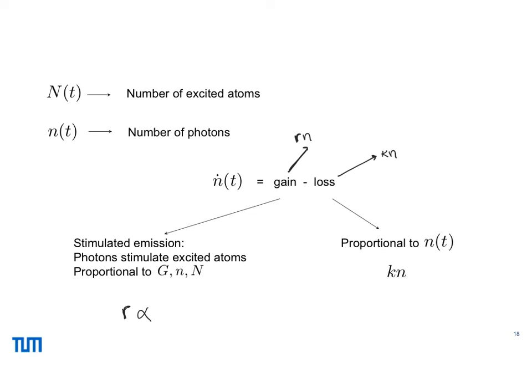So if you have a lot of excited atoms, the growth rate is actually larger. So this is the whole trick. And now the proportionality is going to be met by a gain. So we will just erase this proportionality and we just put a gain, a constant.